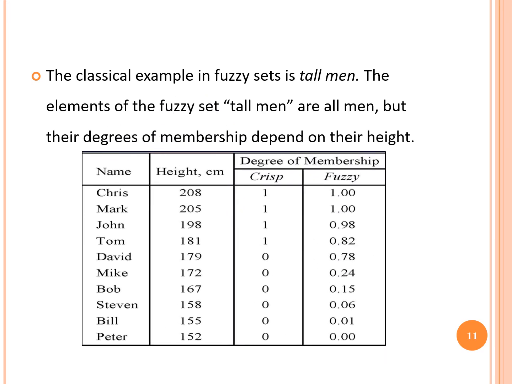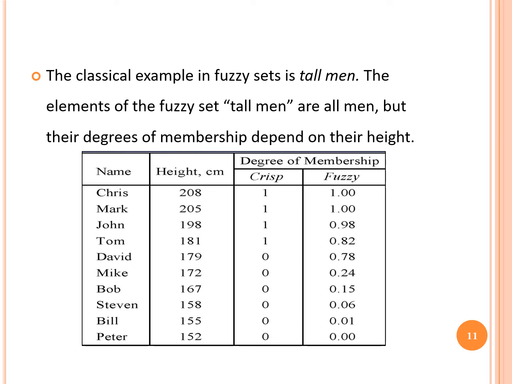How do we put in the degree of membership? For example, we have a name here, then their heights, and then the degree of membership. There are two approaches: either crisp or fuzzy.